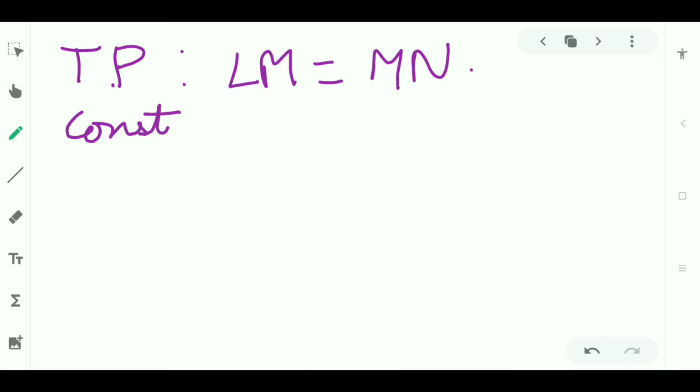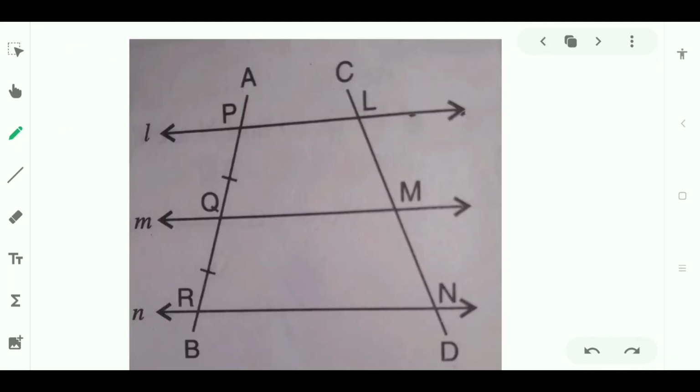We need to draw some lines to make triangles.